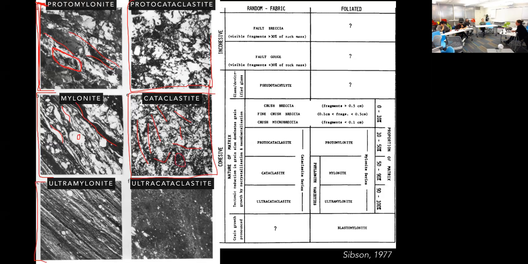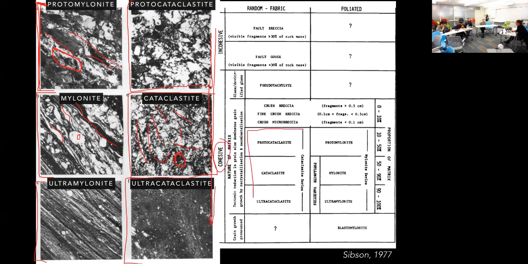And you have a lot of really fine material that's been ground up. Ultracataclasite, all you have is that really fine-grained stuff. Your mineralogy may have changed substantially from your original rock just by weathering and alteration. But this series of rocks is cohesive.